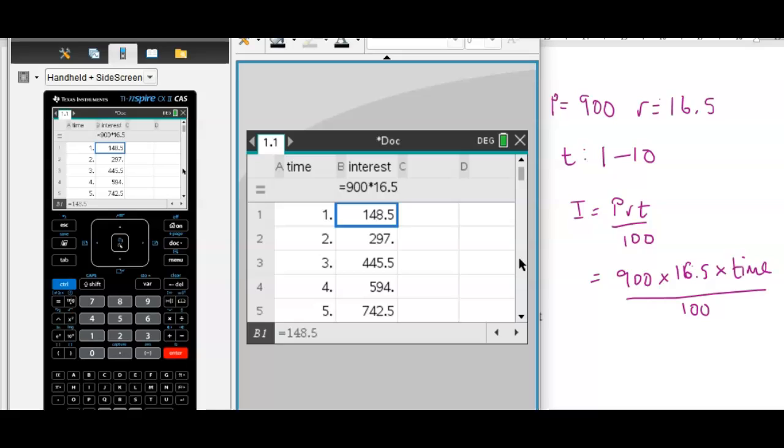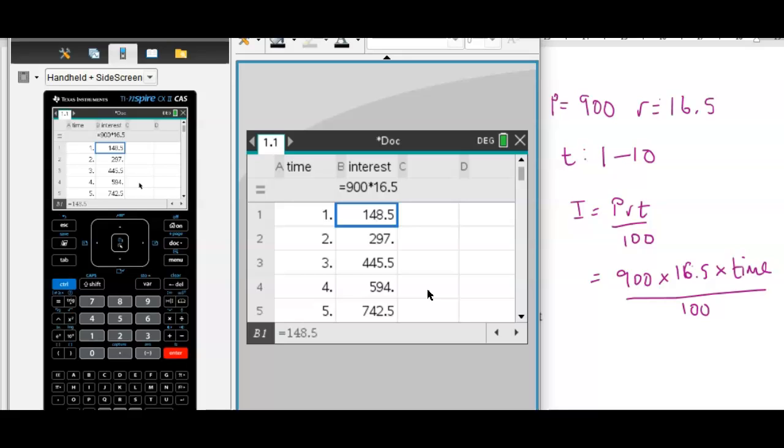And there you go. It's calculated all the interest for each year, and you can see it's basically just $148.50 each year. So that's adding up, I'm going up by $148.50 each year.